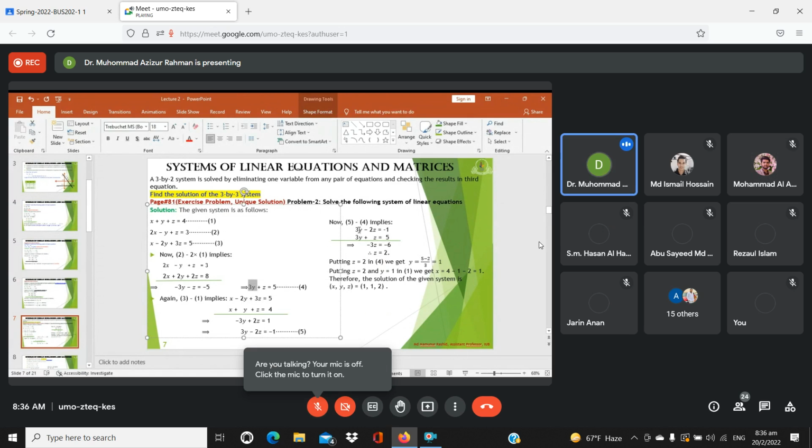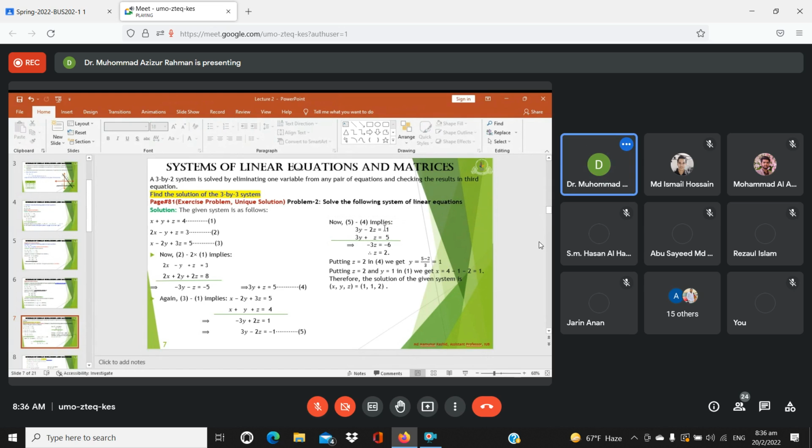So 3y cancels, minus 2z minus z should be minus 3z, equals minus 1 minus 5, which is minus 6.